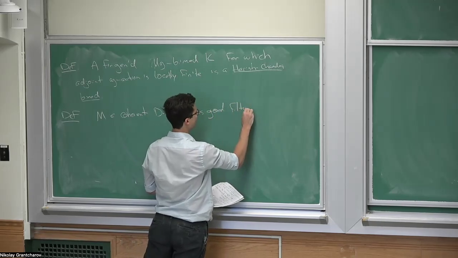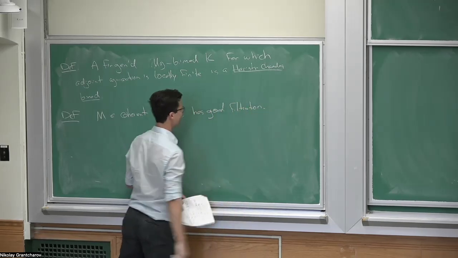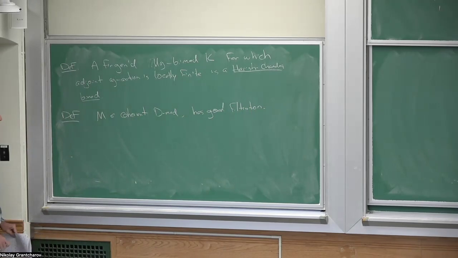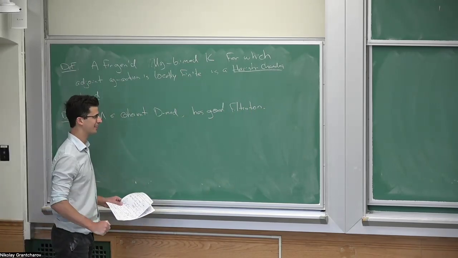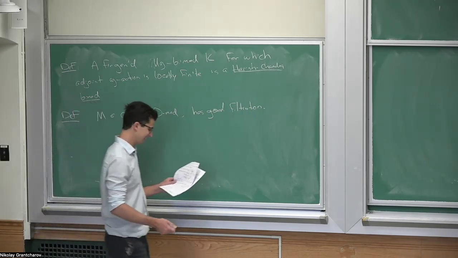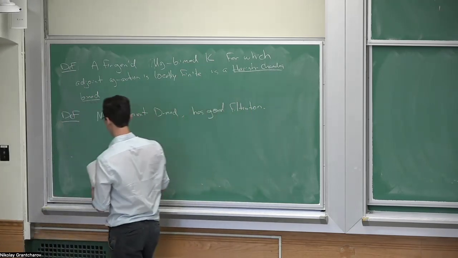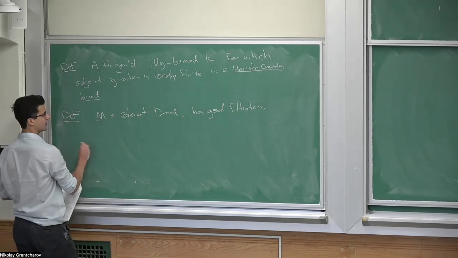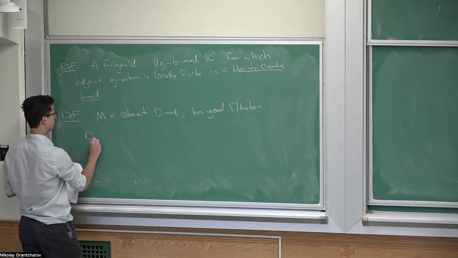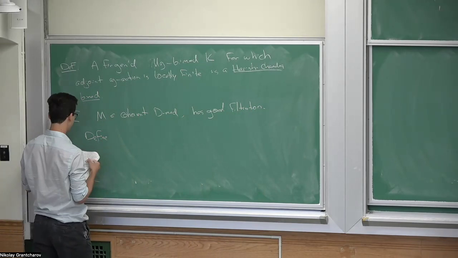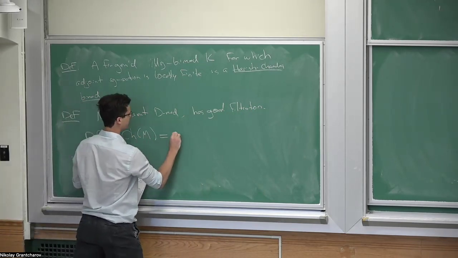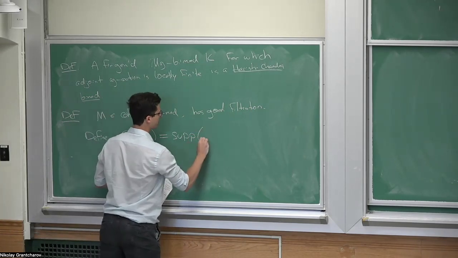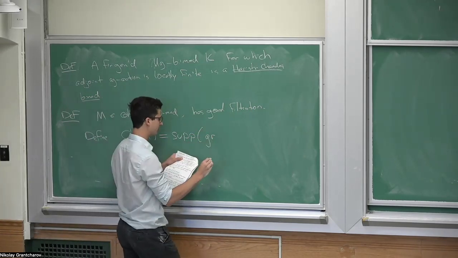Some filtration satisfying mild hypotheses, kind of like the order filtration on differential operators. Okay, and then we define the characteristic variety, the support, with respect to this good filtration.